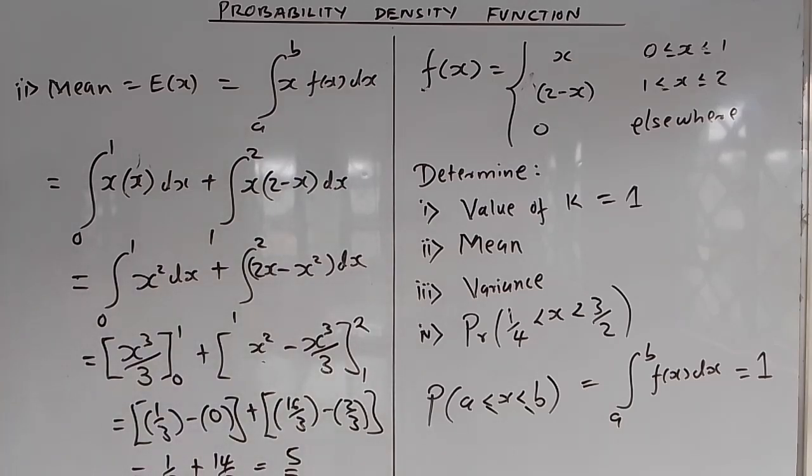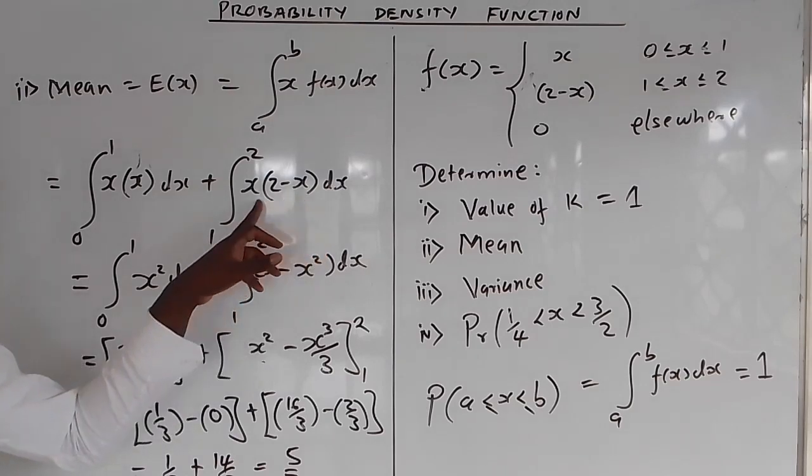So recheck again. Start here again. Look here. When x is 1, we have a third minus 0, that is a third. Then for this interval, this is x squared.